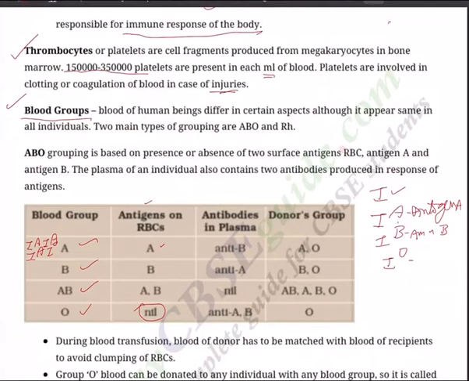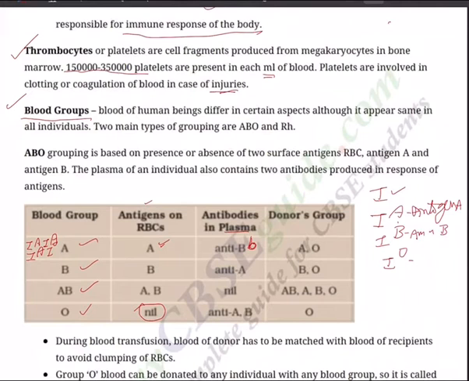Just as I said IA produces a protein, antigen A. That's why we are saying antigen that is produced is A. And what about antibody? Antibody is also a protein, but the only difference is it is present in the plasma. And what is the antibody that is present? It is anti-B, or just for clarity, I will write small letter b. So there will always be a fight between antigen and antibody.